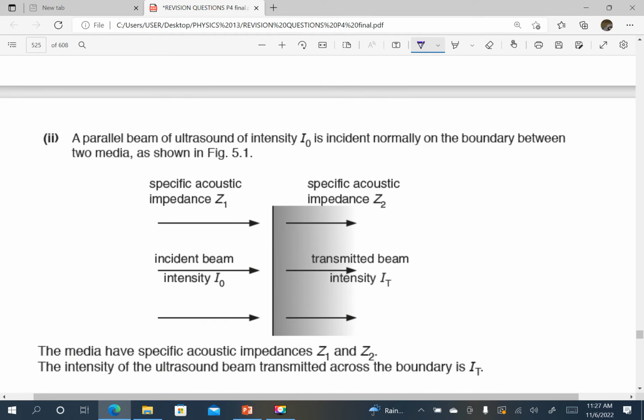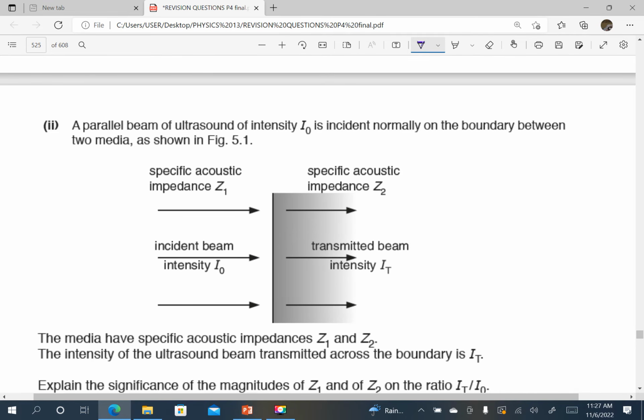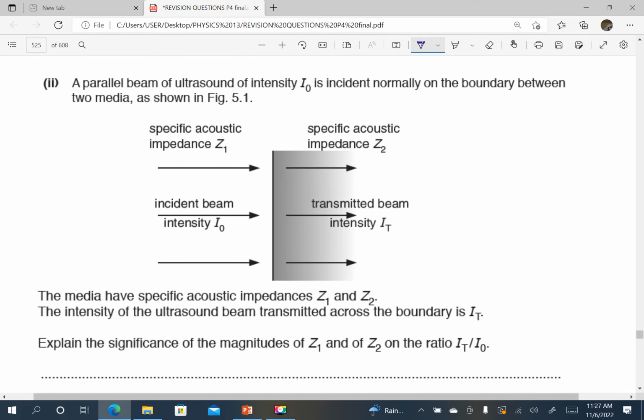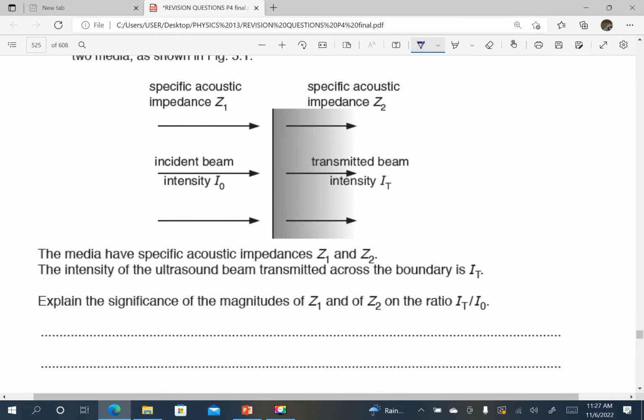A parallel beam of ultrasound of intensity I naught is incident normally on the boundary between two media as shown here. The media have specific acoustic impedances Z1 and Z2. The intensity of the ultrasound beam transmitted across the boundary is IT.